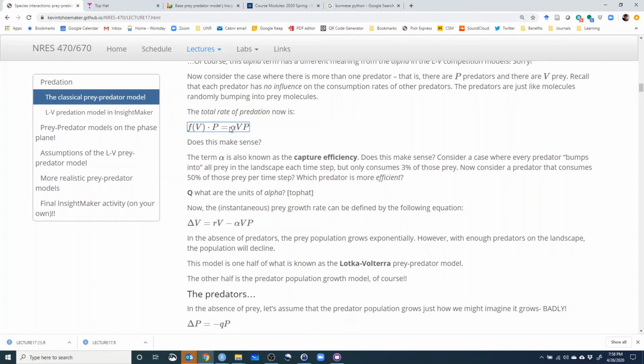You just multiply the functional response, alpha times V, times the total number of predators to get the total number of prey consumed, because this is the prey consumed per predator. Multiply that by the total predators, and that gives you the total prey consumed per time step. That is a key thing that we need to include then in the delta V equation, right?